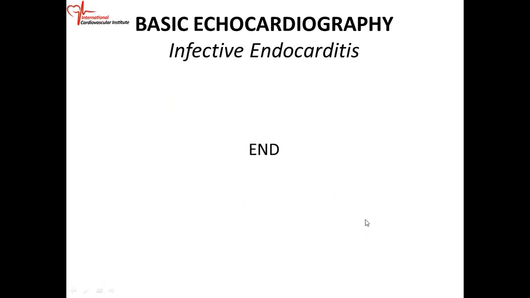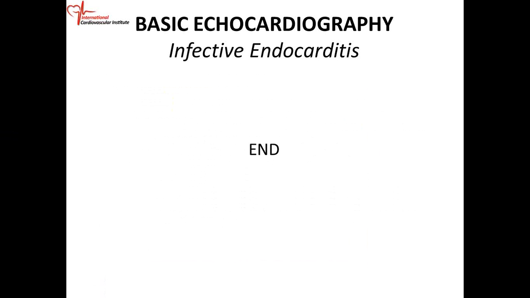It's important that you understand, the important thing there is to recognize the vegetation, okay? You have to know how to make the diagnosis. Okay, making the diagnosis is very important. So it's the modified Duke criteria.